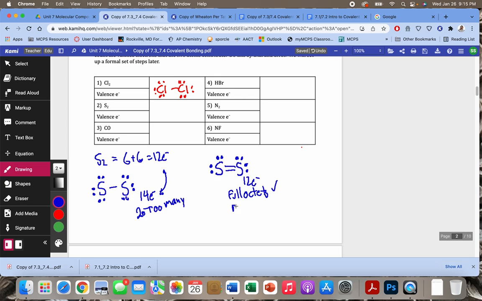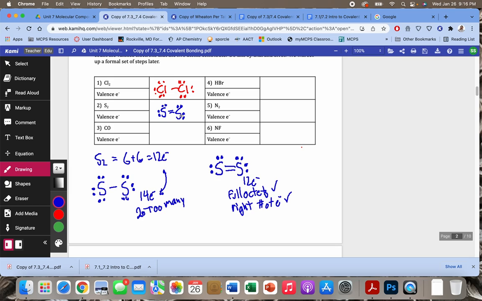We have the right number of electrons. Check, 12 equals 12. And so now we're at the proper structure. So S double bonded to S with 4 unshared electrons on each sulfur.